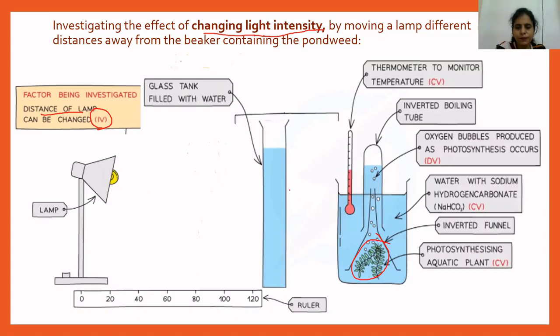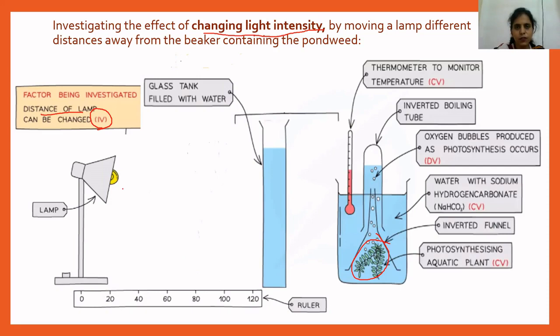You can see here we have placed a glass tank filled with water in between the table lamp and this entire experimental setup. The reason for placing this glass tank with water is that the light of this table lamp is produced because of the electric current.